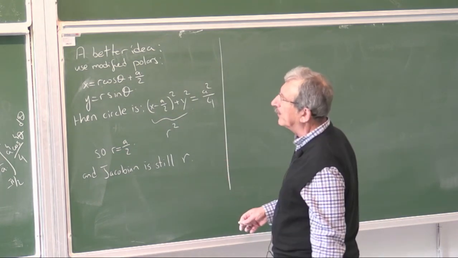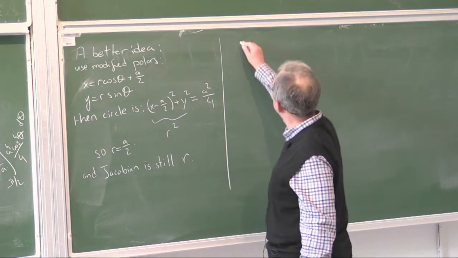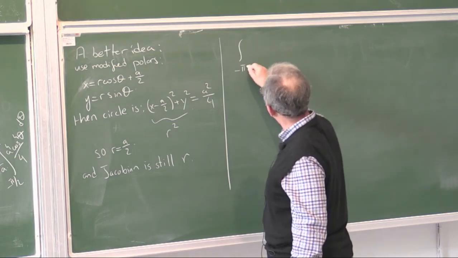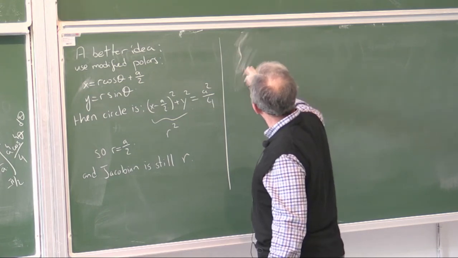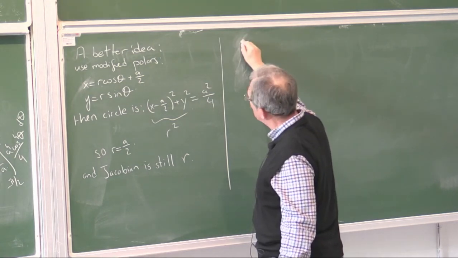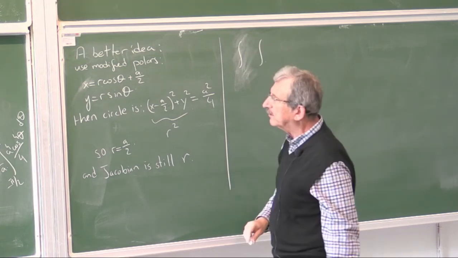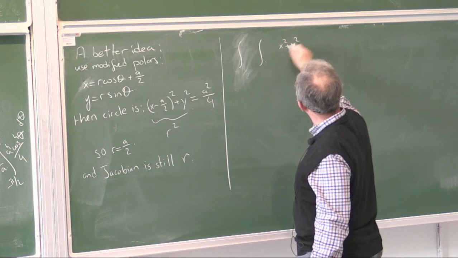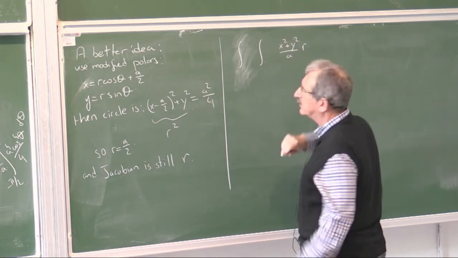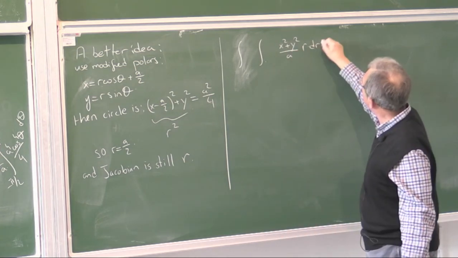So the whole thing then is the following. Let me calculate that. We have the double integral of x squared plus y squared over a. R is still the same, dr d theta.